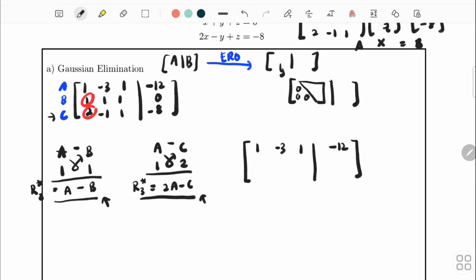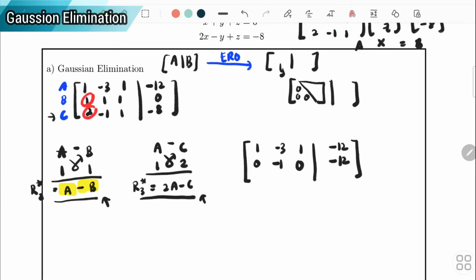For the second row, you get the new one using A minus B. Just use the calculator and you get the new elements 0, -1, 0, and -12. For the new third row, 2A minus C, calculate using the calculator and you get 0, -5, 1, -16.